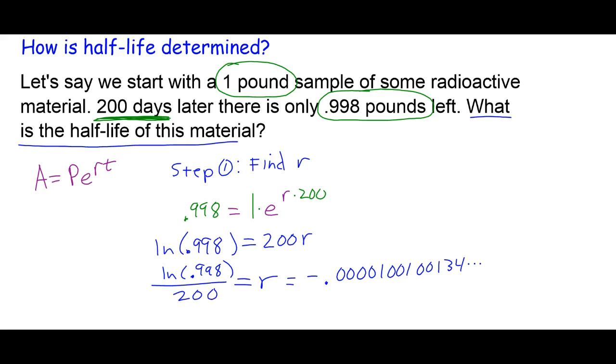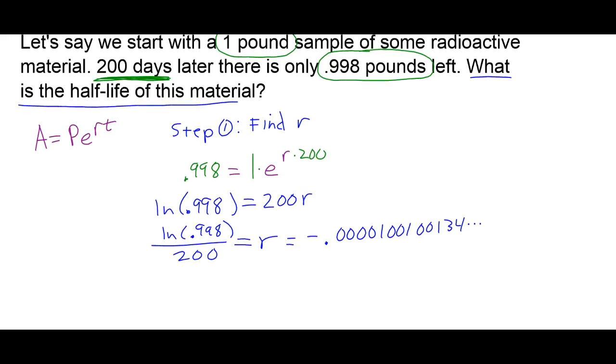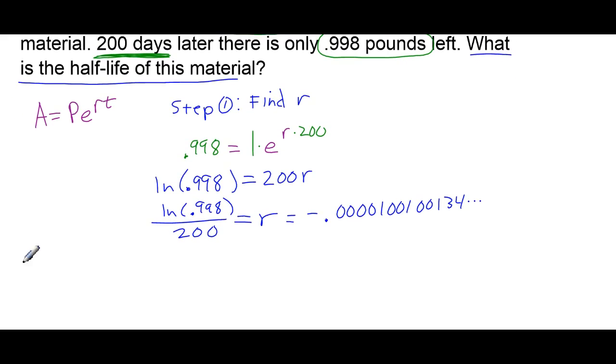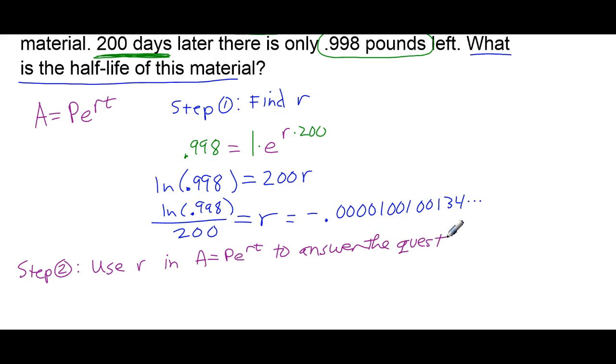But that wasn't the question. The decay rate wasn't the question. The question was, find the half-life. So, step 2, just like it's always been, use R in the formula A = Pe^(rt) to answer the question. And the question here is, what is the half-life?